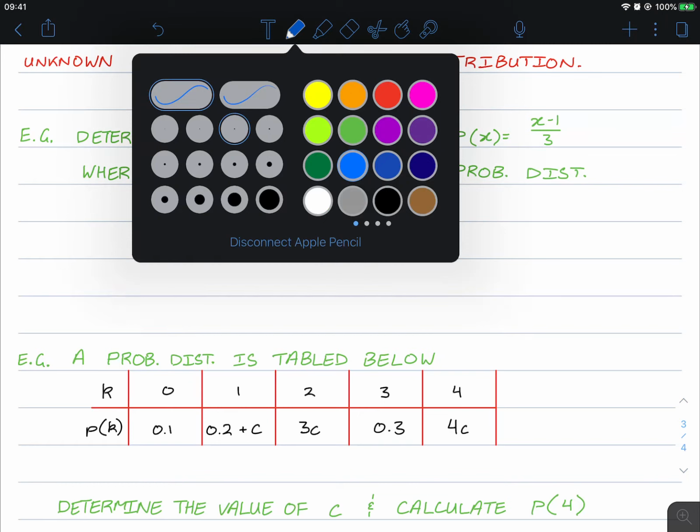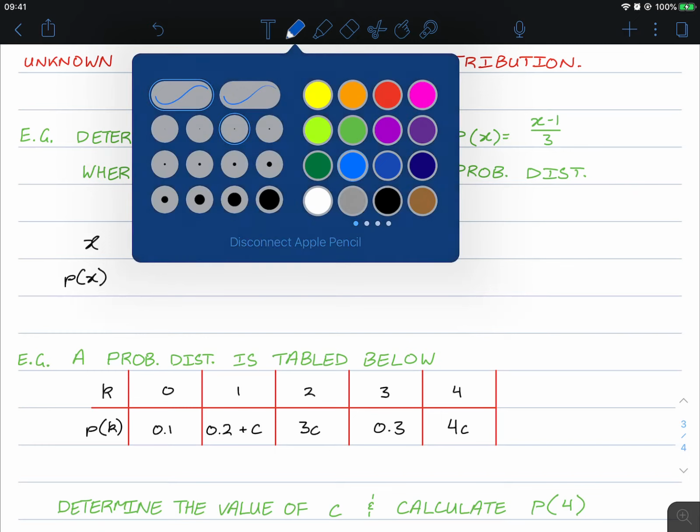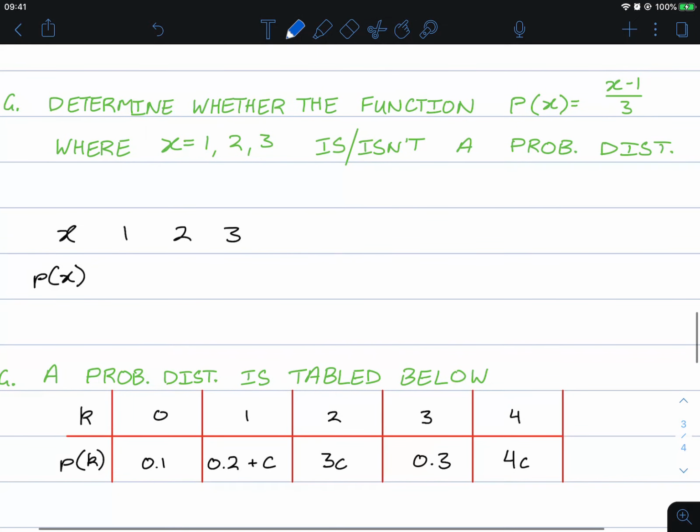We can do this by making a distribution. So, the results can be 1, 2, or 3. Substituting 1 into our function here. 1 take away 1 is 0. So it's going to be 0 over 3, or just 0.